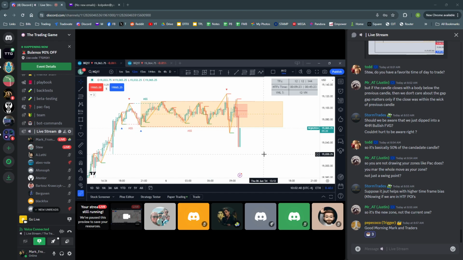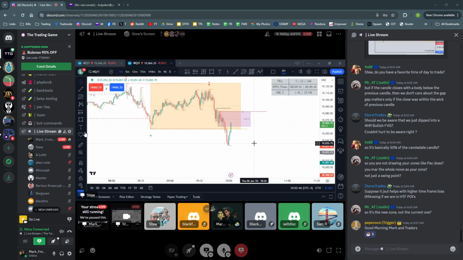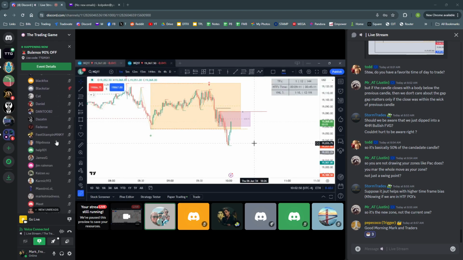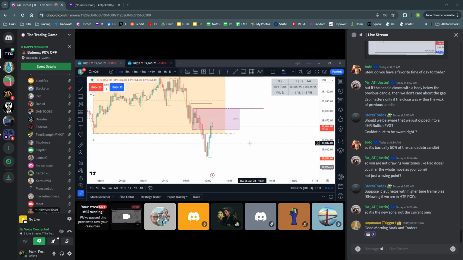So 1-0 for Omaha. And unfortunately, I was on minis, and I didn't want to cover that much of the zone, so I just tried to take 5 points or so, and it kept ripping and ripping and ripping.